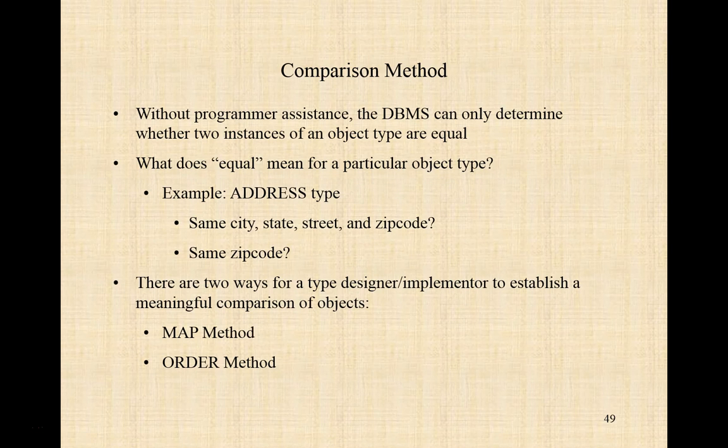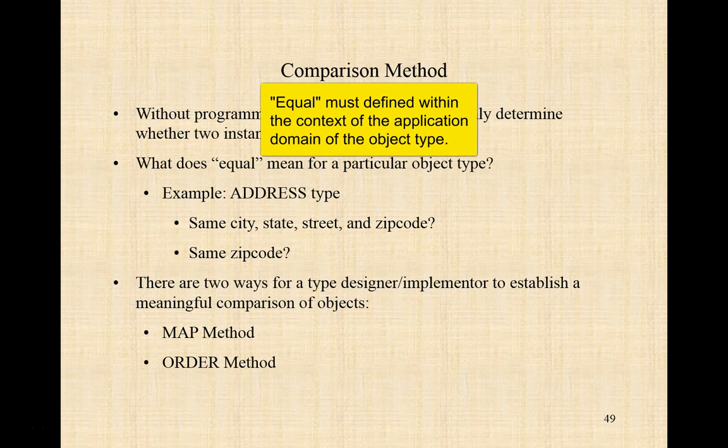Note that without programmer assistance, the database system can only determine whether two objects of some object type are equal. What we have to consider then is what is meant by equal. Equal is a concept that applies to our application domain.